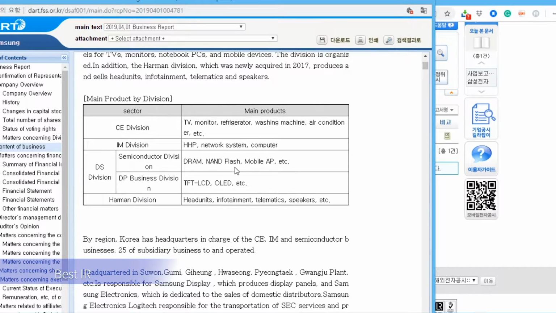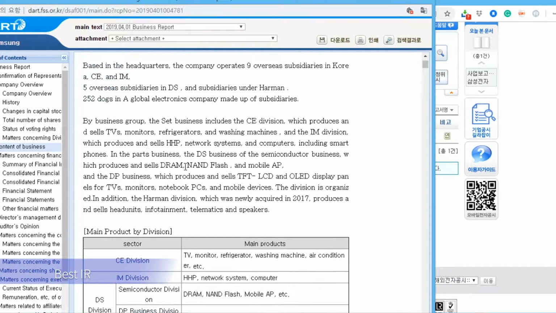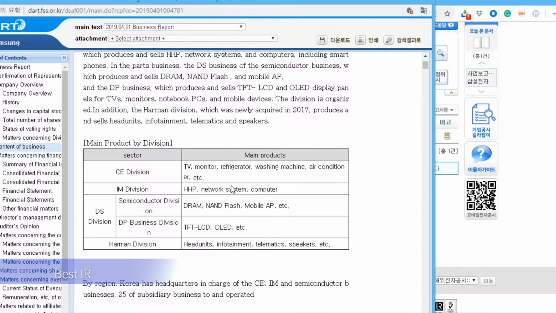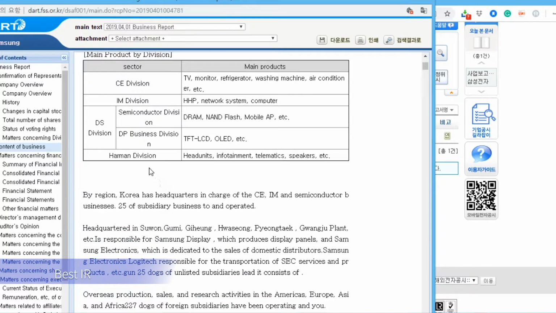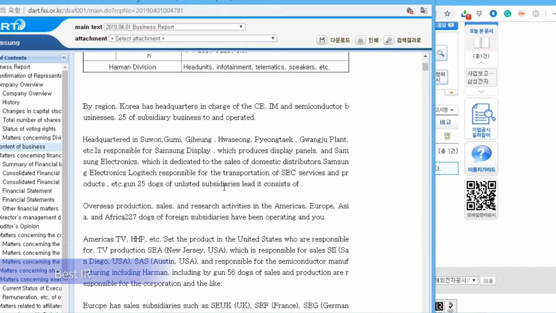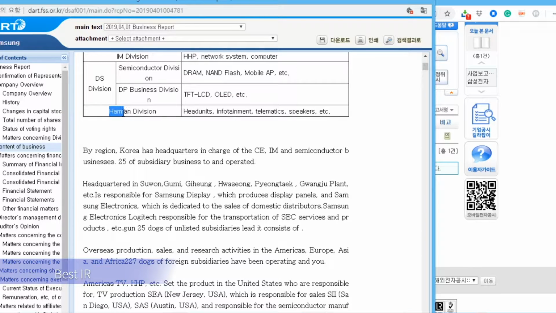And the main product by division: the CE division, I believe, has TV; the IM division this; and this has 2 divisions. One is semiconductor, and the other one is DP, which is display. And then you have Harman, which they bought about a year or 2 ago. They bought Harman, which is the audio company.